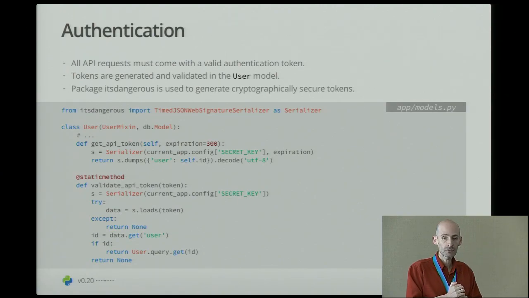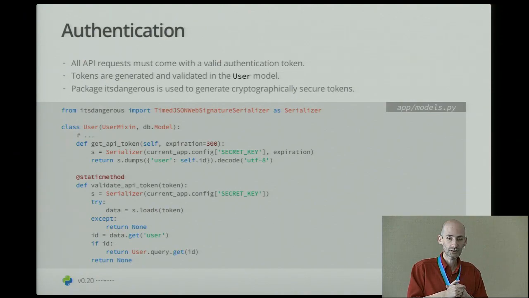So in my user model, I have two new methods to generate and to validate tokens. To generate the token, I'm using this package called It's Dangerous. It's written by Armin, the Flask author, and it's also used by Flask, so it's a Flask dependency.